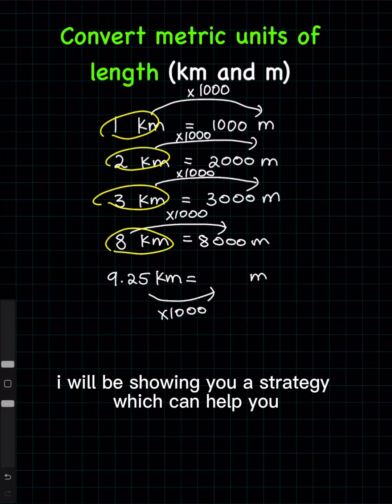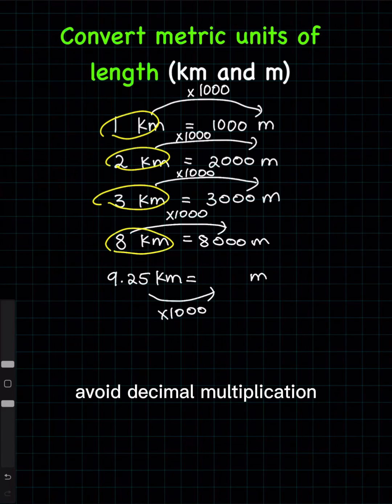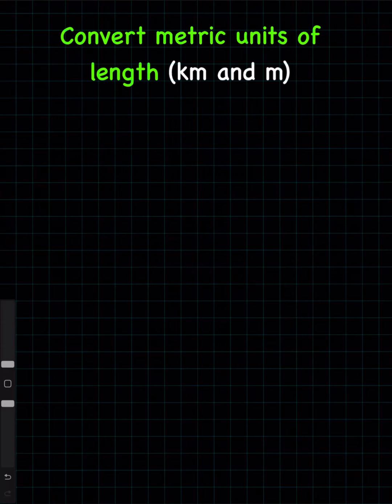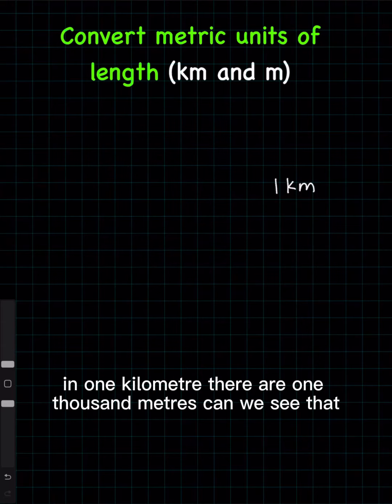So today I will be showing you a strategy which can help you avoid decimal multiplication but still give you the correct answer. Let's get back to the important fact, which is in 1 kilometer there are 1,000 meters.